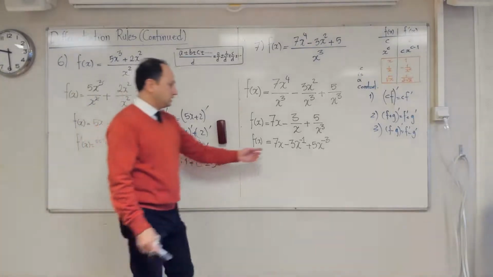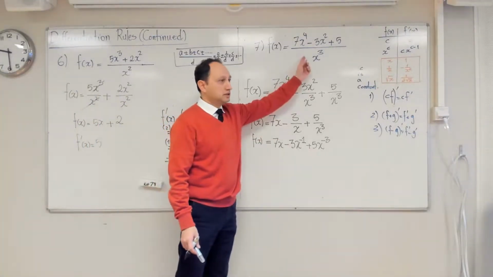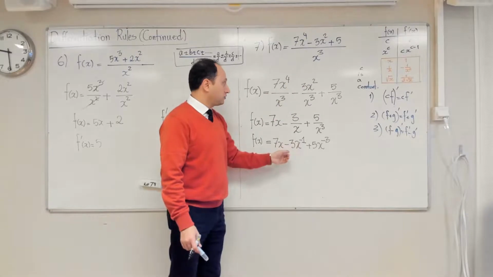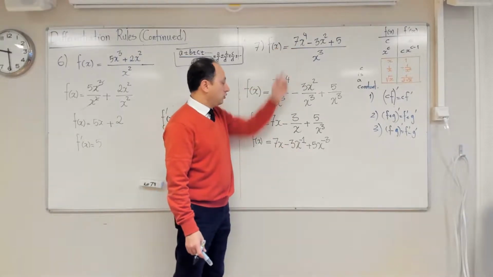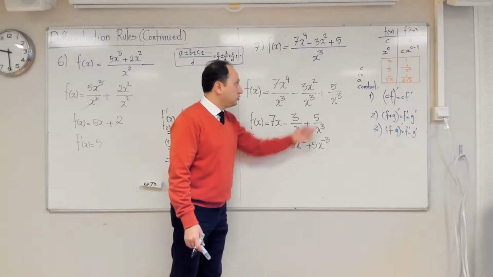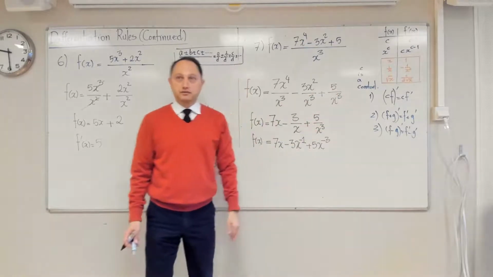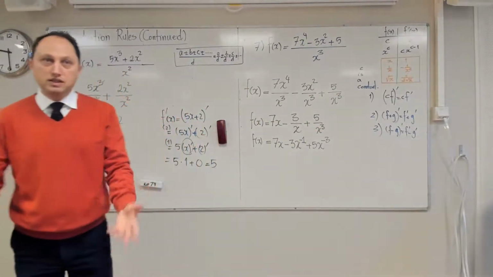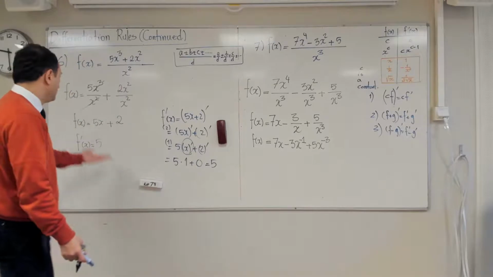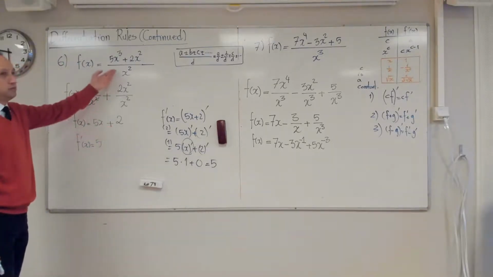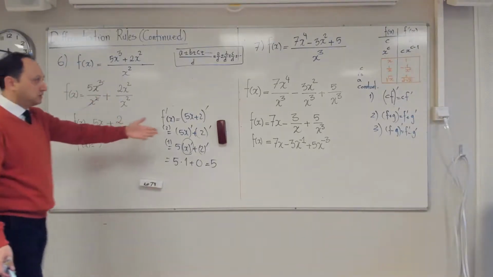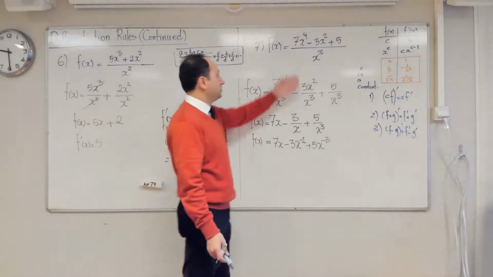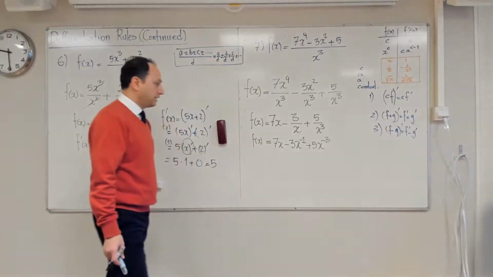I cannot say that this is simpler than that. I am not simplifying. I am writing it in a different form so that I can use the formulas that I have. That is my goal. The goal is not simplification. Might be, for example, in this case, yes, this was more simplified than this. But in this case, I wouldn't say that this is much simpler than that, because it involves negative powers.